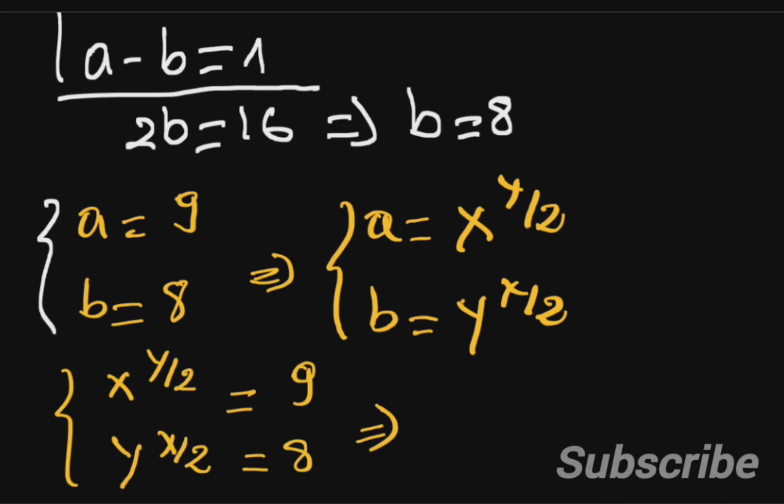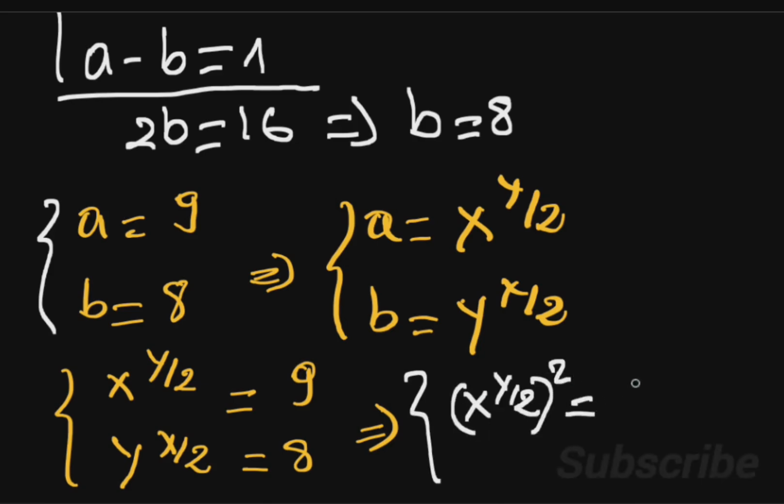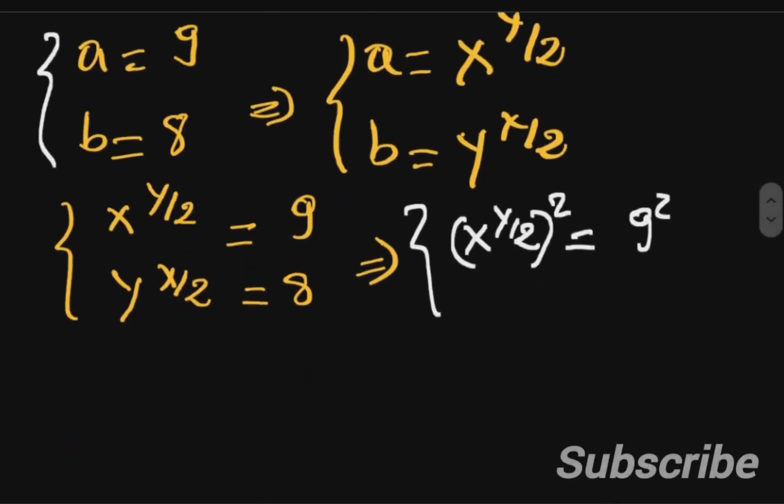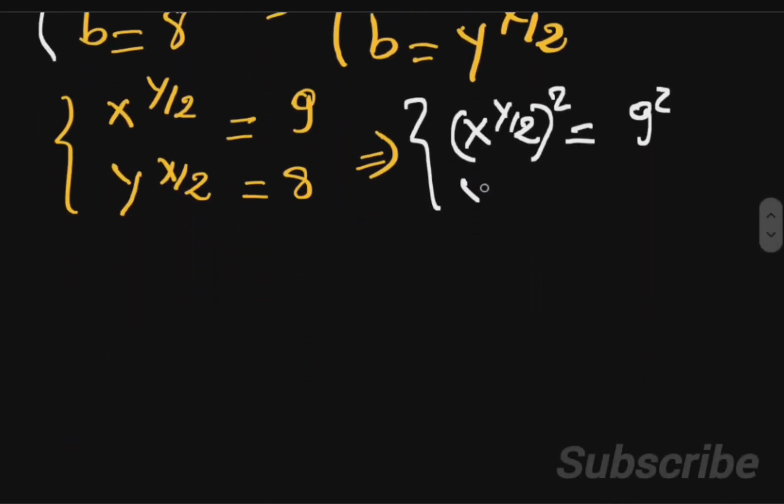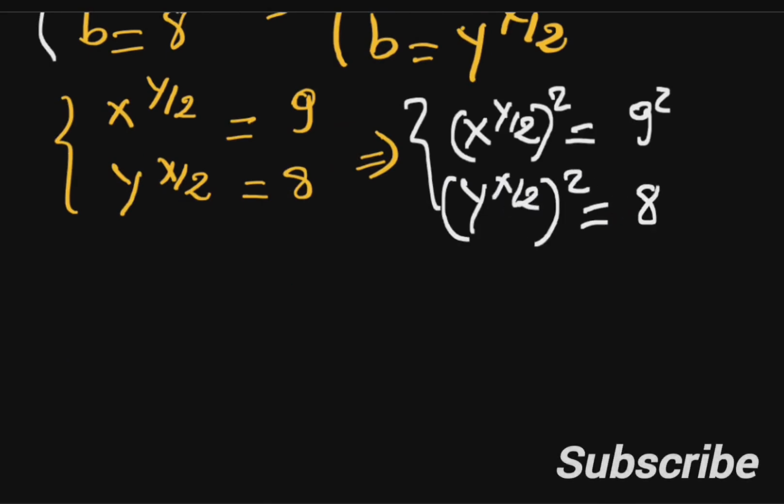Now since we are looking for the value of x to the power y and not x to the power y over 2, we are going to raise this side squared. That is, x to the power y over 2, all this squared, will be equal to 9 squared, and y to the power x over 2 squared will be equal to 8 squared.